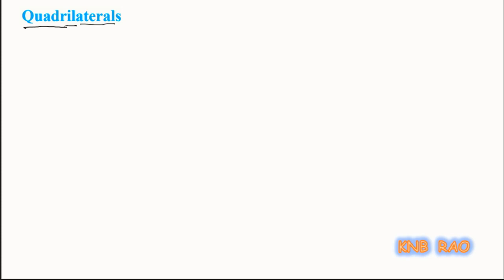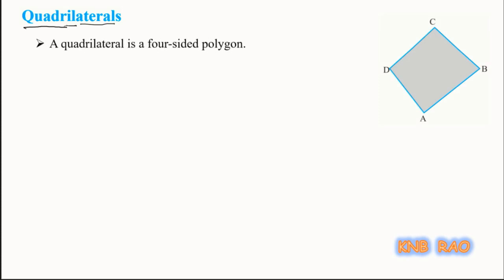So a quadrilateral is a simple 4-sided closed figure like this. A quadrilateral is a 4-sided simple figure which is part of a polygon. A polygon having only 4 sides is called a quadrilateral.